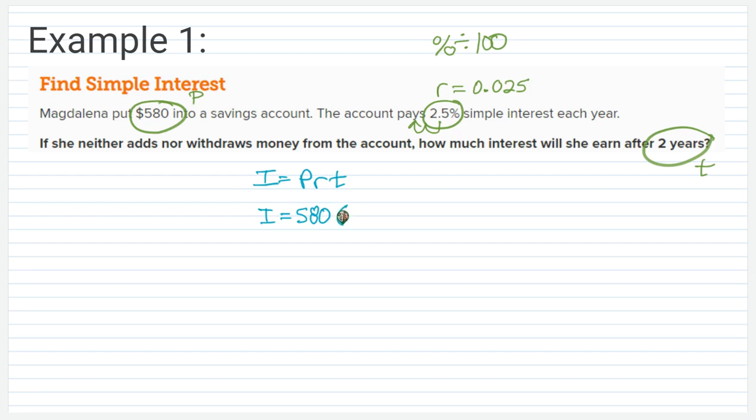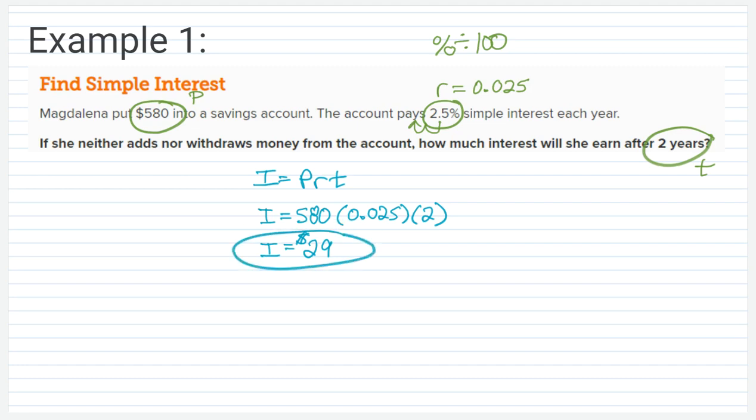My interest rate, again, was in percent, but we converted it into a decimal. So now we have 25 thousandths. And then we multiply this by 2. So I is going to equal 580 multiplied by 0.025 multiplied by 2, and we end up finding that we're going to make $29 in interest. And then that's it for that question.